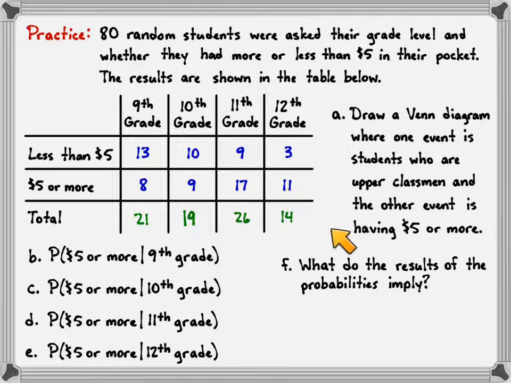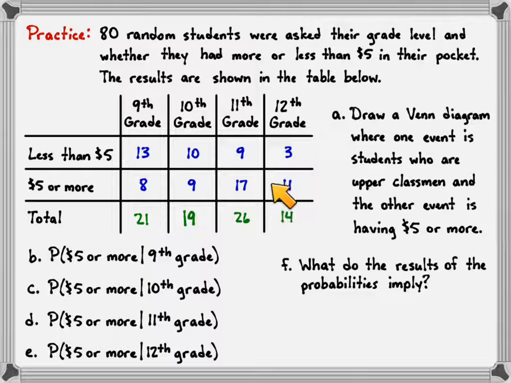And then in the other circle, those are the students that have more than $5. So the total number of students that have more than $5 would be all of these. That would be 17, 34, 40, 45 students have more than $5. That'd be at the bottom of the line.